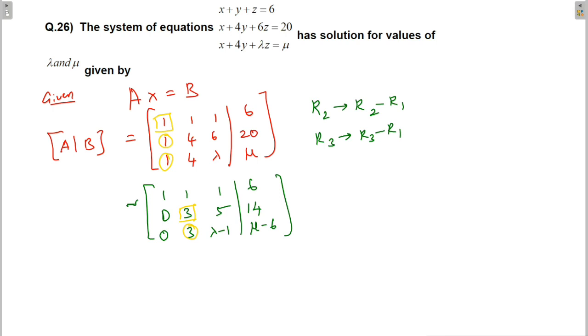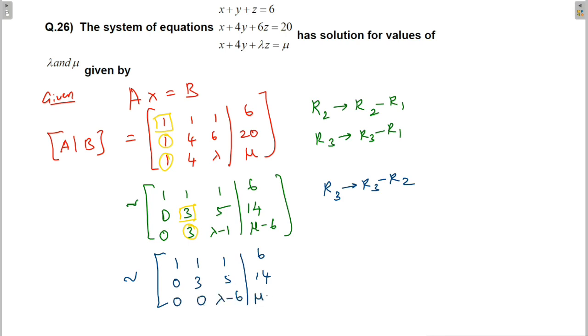So now I am going to apply R3 implies R3 minus R2. You get 1 1 1 6, 0 3 5 14, 0 0 lambda minus 6, mu minus 20.